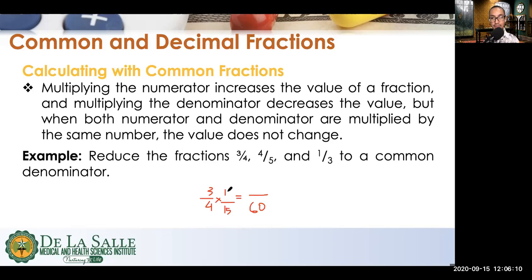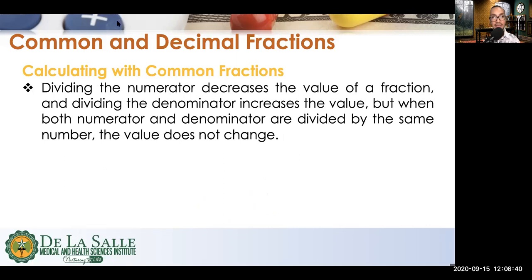So we will multiply both the numerator and the denominator by 15, to get a value similar to 3/4 but with the denominator of 60. 15 times 3 is 45. So basically, that's what you do when you convert fractions to have the same denominator: we multiply the same number to both the numerator and the denominator.